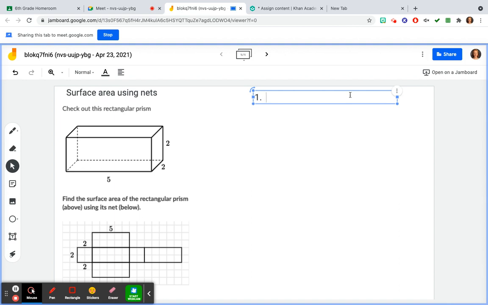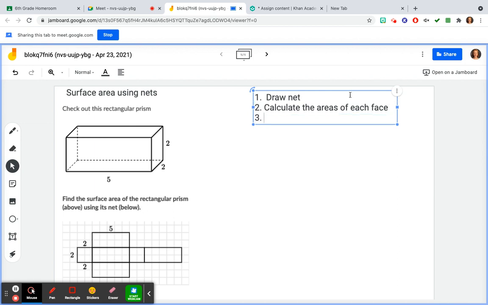First of all, you're going to draw the net, and this net's already been drawn for us. Then you're going to calculate the areas of each face of the shape.